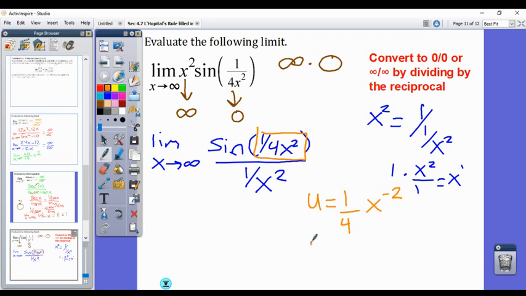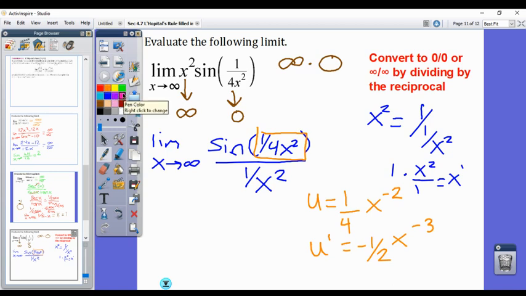So then the derivative of that is going to be negative 1/2 x to the negative 3. Okay. So you might be noticing something. So the derivative here for this bottom piece is going to look pretty similar to what we have.